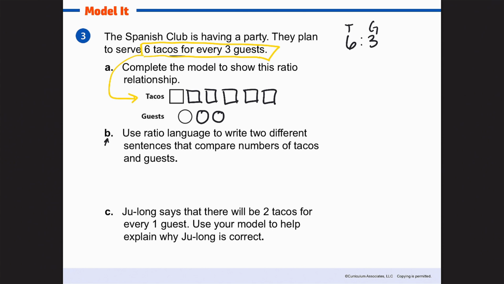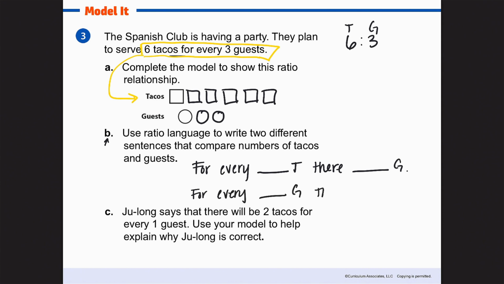It says use ratio language to write 2 different sentences that compare the numbers of tacos and guests. So here's where we're going to be using for every. So for every taco, there's going to be a guest. And for every guest, there's going to be so many tacos.